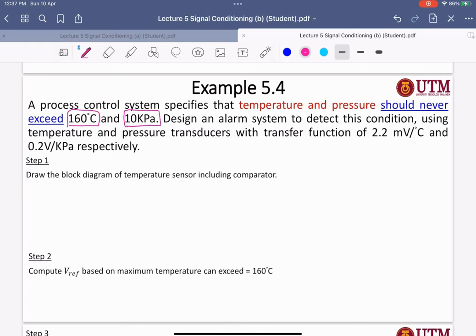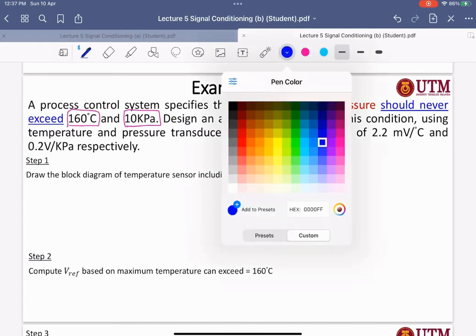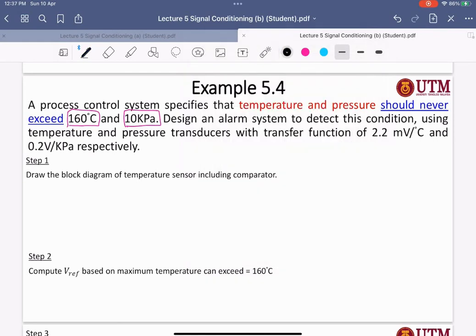That means the temperature cannot exceed 160 degrees, so 160 degrees is on what voltage? And the pressure also cannot exceed 10 kPa, so 10 kPa is on what voltage? Okay, we know that, right?